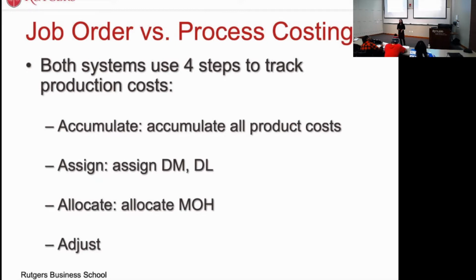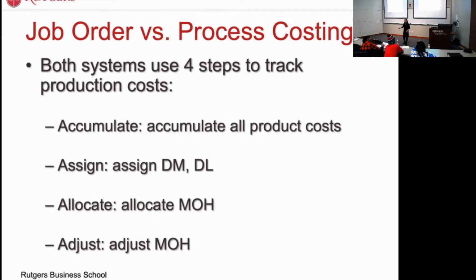Why we allocate overhead is the topic we are going to focus on in the next class. After we do the allocation, at the end of the period, we are going to do an adjustment on the overhead. How to do that, I will also introduce in the next class.